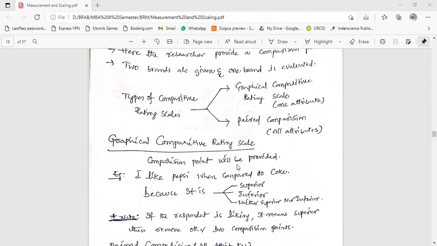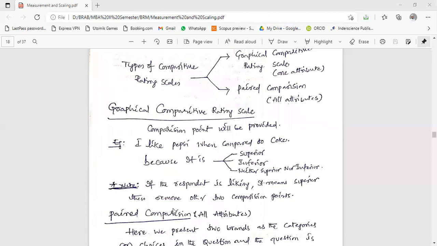Graphical comparative rating scale means a comparison point will be provided here. For example, I like Pepsi when compared to Coke because it is superior, or because it is inferior, or because it is neither superior nor inferior. Note, if the respondent is liking, it means superior. Then remove the other 2 comparison points. So if I say that comparison point, I like Pepsi when compared to Coke, what could be the reason?